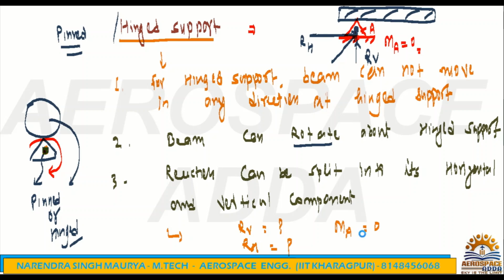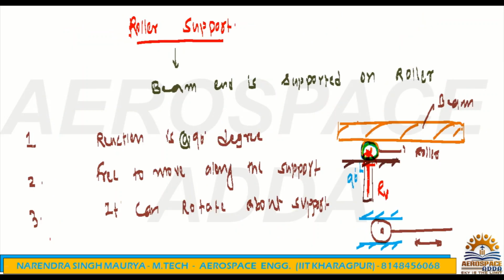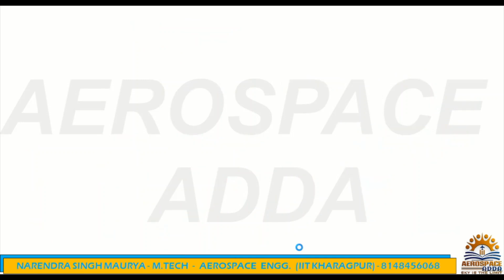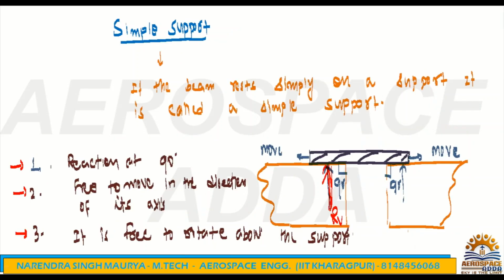Similarly, what are the unknowns here? Obviously there is no resisting moment, so it is 0. There is no horizontal reaction force, also 0. Only the vertical reaction force is unknown here. Okay. Similarly here also, there is no resisting moment, M is 0.